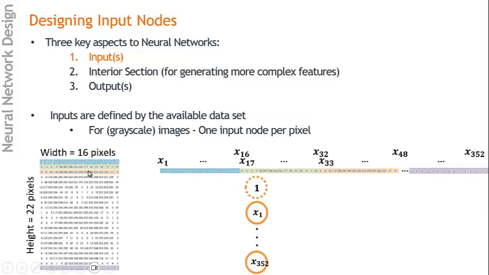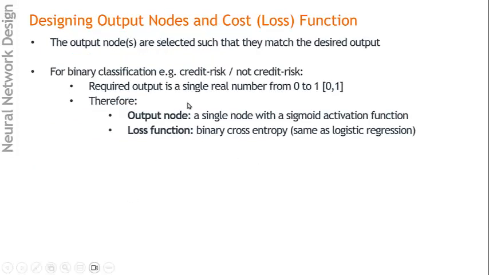You would only connect, say, these 4 pixels here to one node in the next layer, because you want to look at features that are local, that relate to small areas of the image, and build that up to more and more complex features. So, if you're interested, there are many, many references about convolutional neural networks. Right, so that's the input nodes.